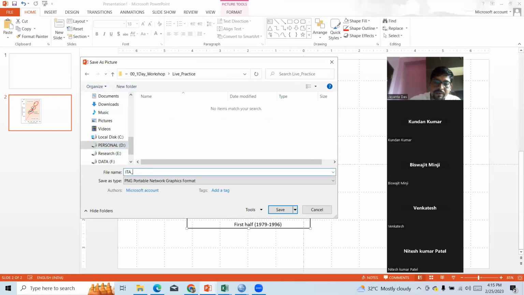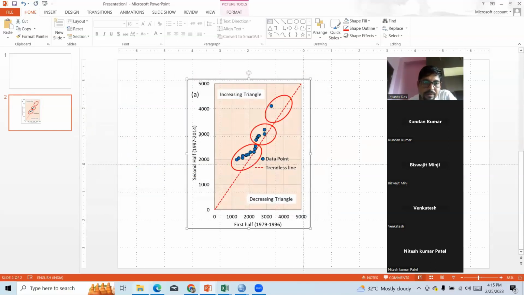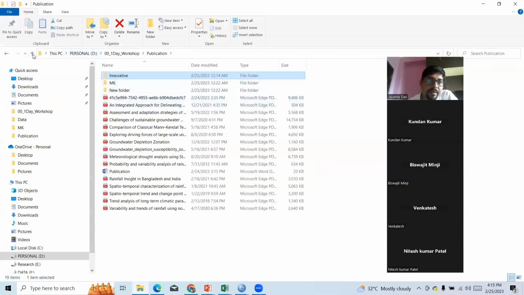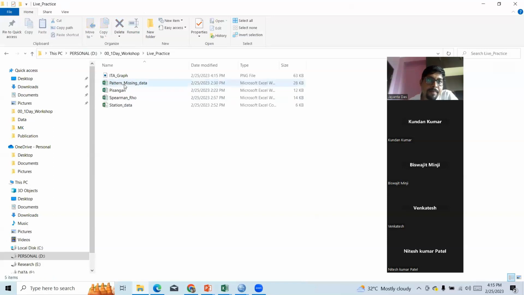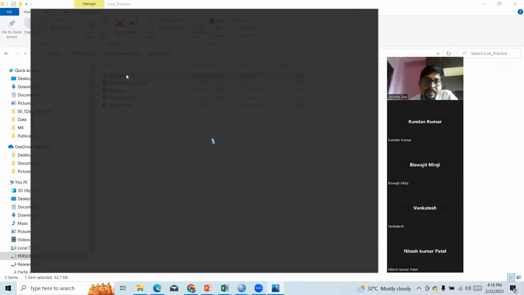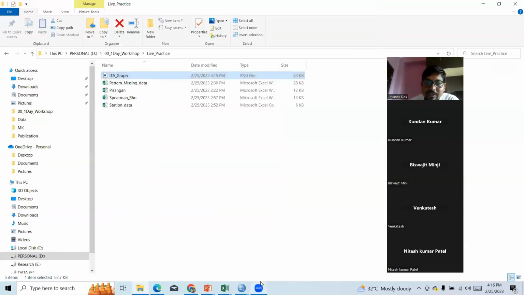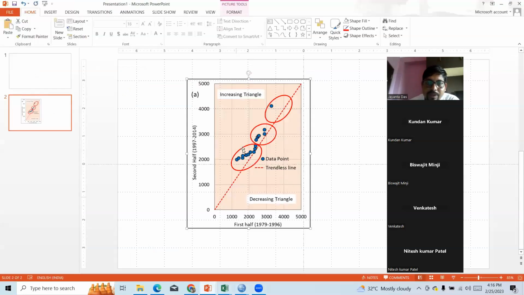ITA graph. Like practice, ITA graph. This line does not exist here, right? So we have to do one thing. We have to also select this line.